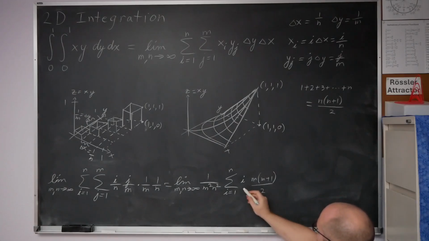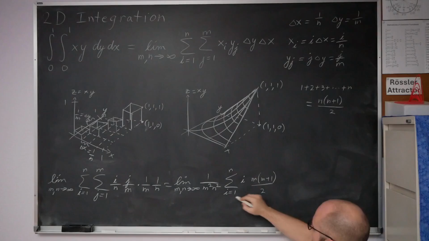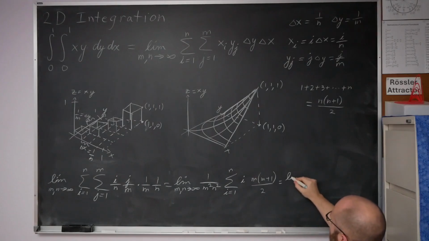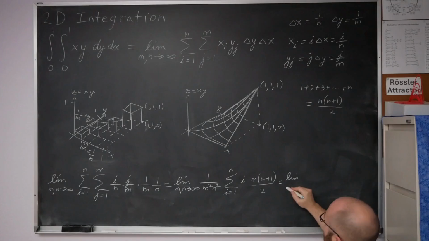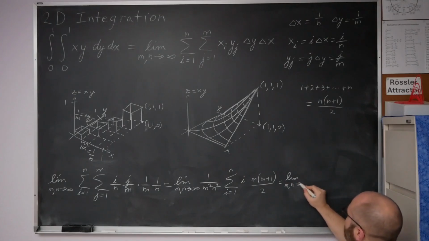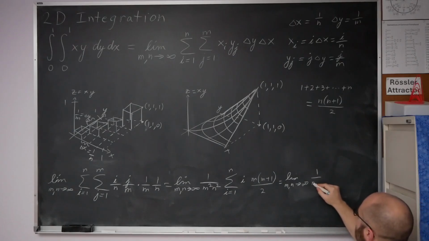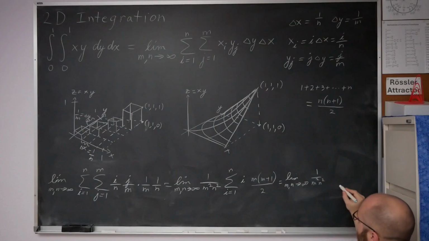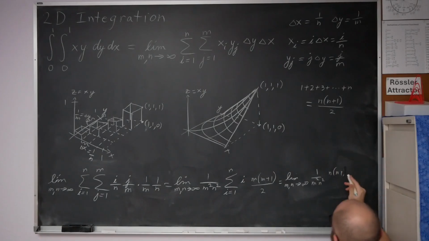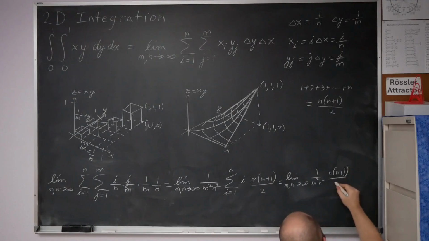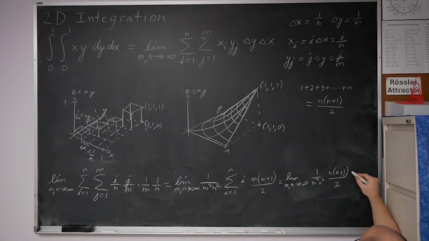And then it ends up being the same thing for i. I just have i by itself now, so it's the limit as m, n go to infinity of 1 over m squared n squared. And I'll do the i piece now, so it's going to be n times n plus 1 over 2. And then I've got m times m plus 1 over 2.